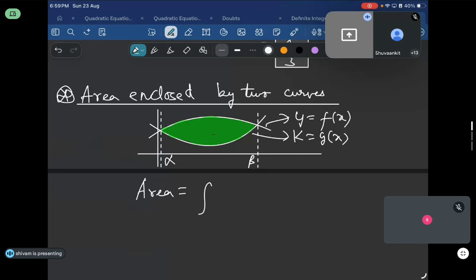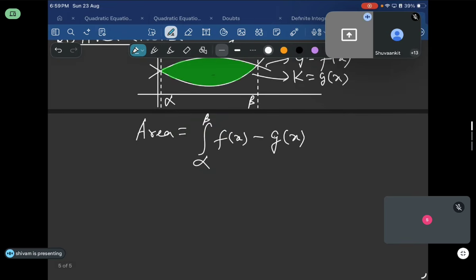We have to find out their intersection points. Integral from alpha to beta, upper curve minus lower curve, that is f of x minus g of x. Are you people getting? Even if both the functions are below x-axis, the same thing will follow. f of x minus g of x.